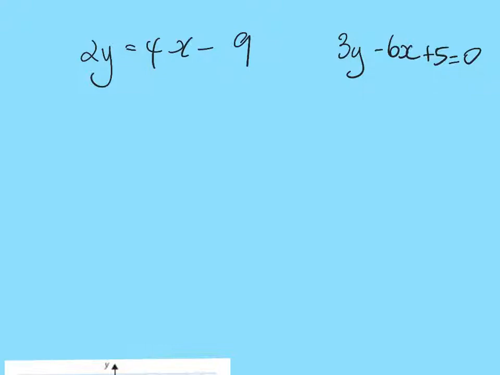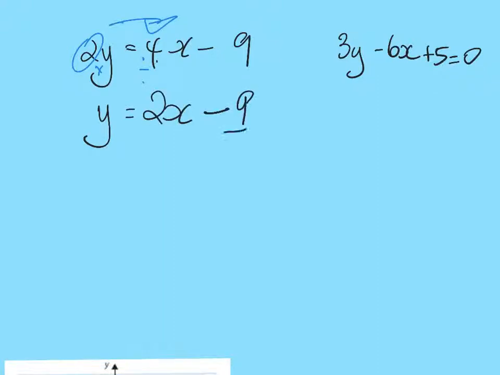Alright, so just like before, we want to take this 2 and bring it over to this side. So we're left with y equals, now we need to multiply because remember there's a multiply here, so we need to divide on this side. So 4 divided by 2 is 2x, take 9 divided by 2.